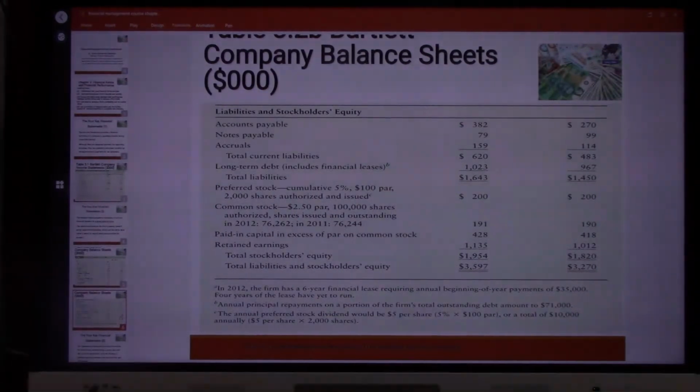The sum of total liabilities plus total stockholders' equity gives what we call total liabilities and stockholders' equity, which at the same time must equal the firm's total assets. So you must be aware of what the balance sheet is, and you must be aware of the main components of this balance sheet.